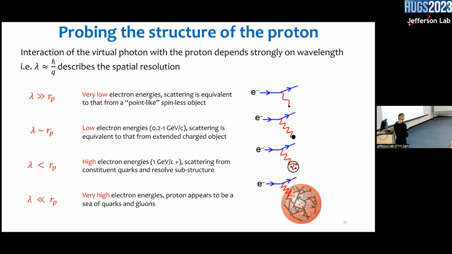And then you can have high electron energies where you start to actually scatter off of the individual quarks, and you can resolve the substructure and momentum distributions of those quarks. And then at very, very high energies, of course, we can start to probe different types of quarks. You've got valence quarks, sea quarks, and you can start to understand that picture.